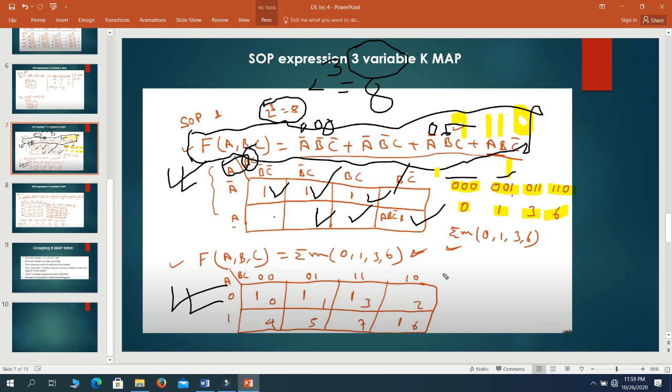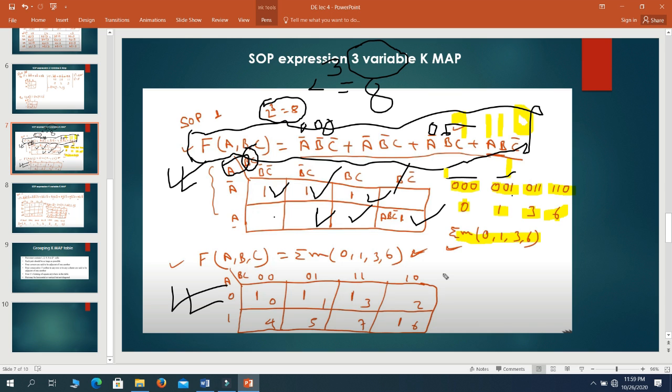Once we have found the decimal equivalent values, the next task is to write them down in this manner. This is the min term. Finally, in this manner we can write down the min terms: summation of m, then a bracket, and in between the bracket I have written 0, 1, 3, and 6. This is how you can write down the min terms.